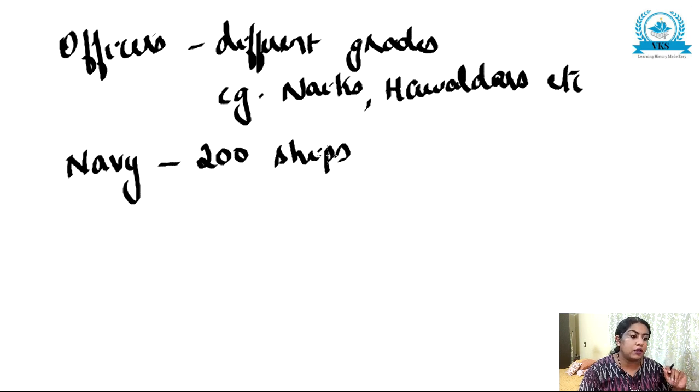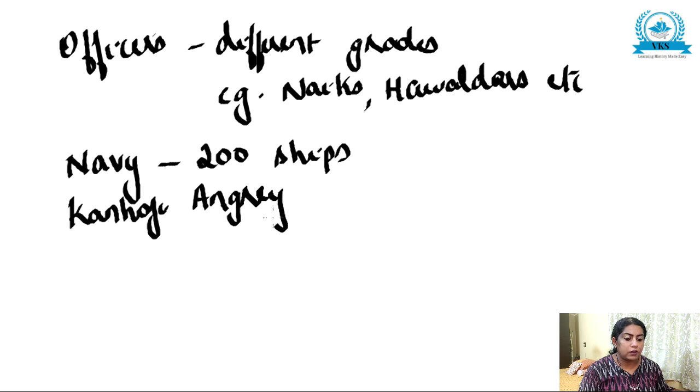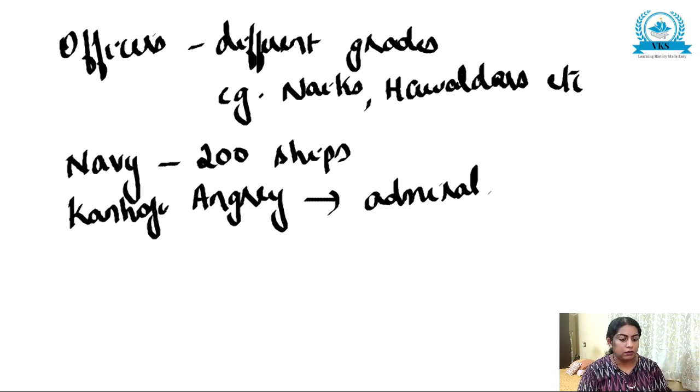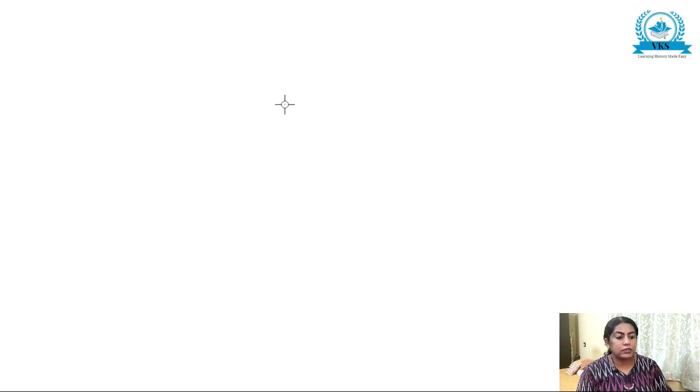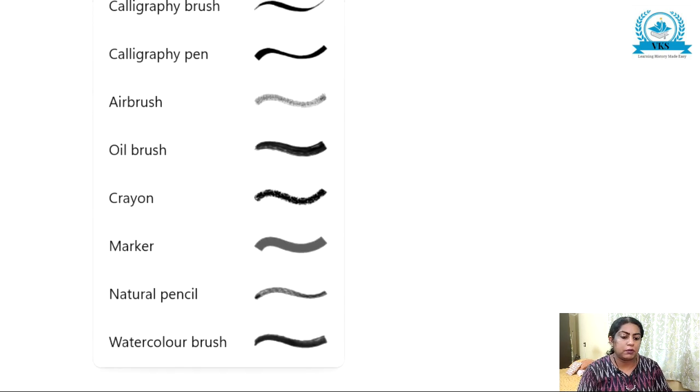Kanoji Angre was a famous admiral of the Marathas. So these points have to be included regarding the military of Shivaji. Now the last subheading in your 5-mark answer will be the judicial system.